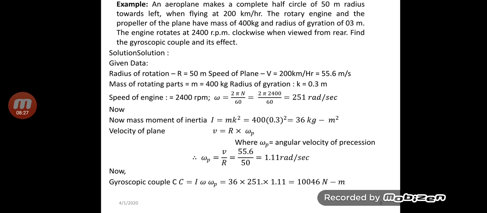That will be 2 pi into 2400 divided by 60, and that will come as 251 radian per second. Now we have to calculate the mass moment of inertia of that disc or the whole engine, that is I equal to m k square, that is 400 into 0.3 bracket square, that is 36 kg meter square.